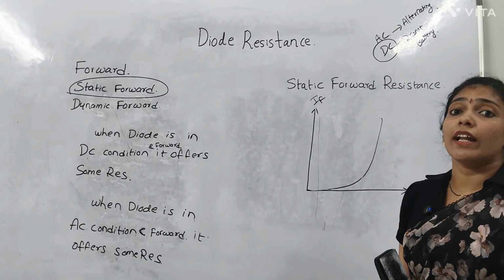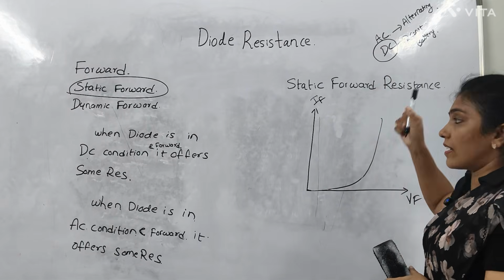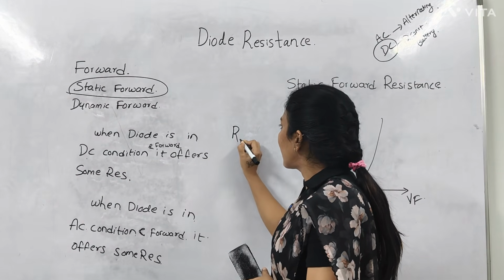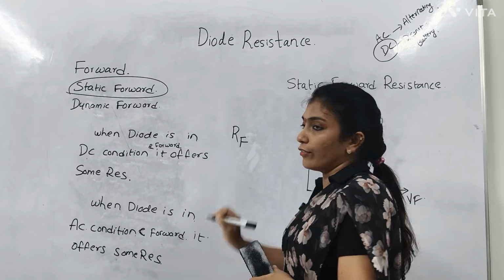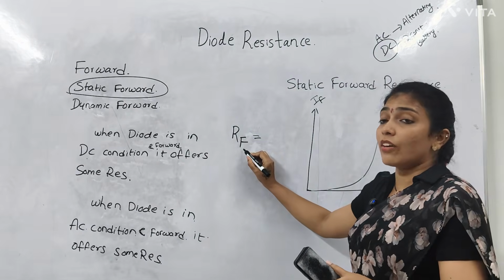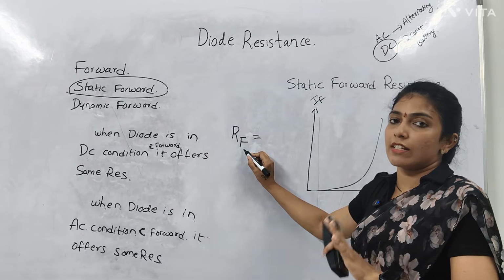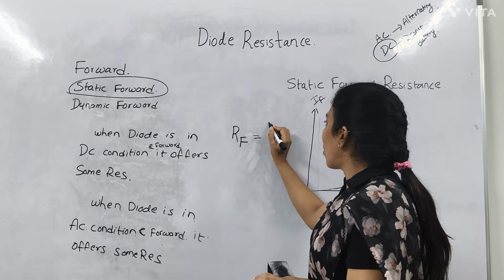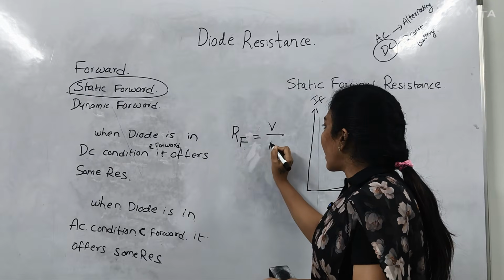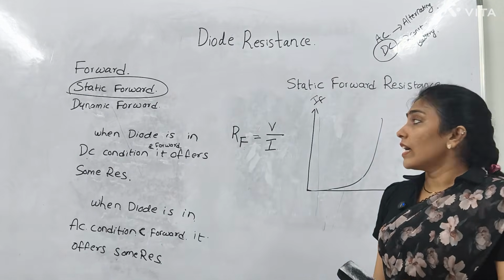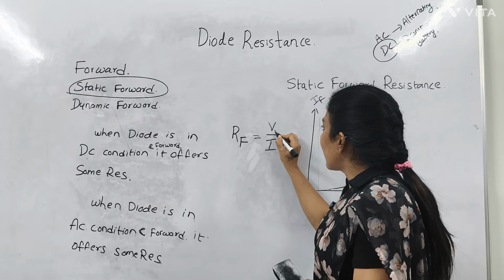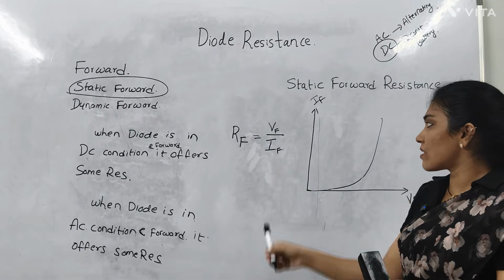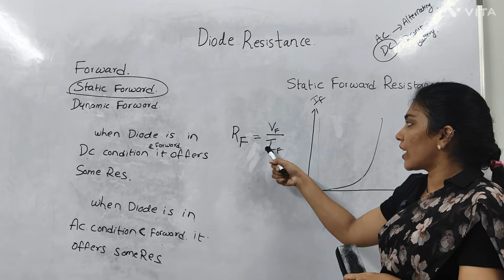Now we need to calculate the static forward resistance, indicated with a capital RF. We know the normal formula for resistance: the ratio of voltage to current. Here the diode is in forward condition, so we take forward voltage and forward current.